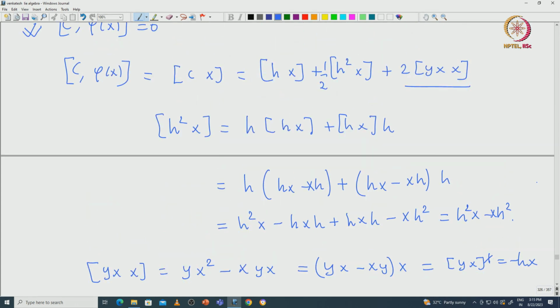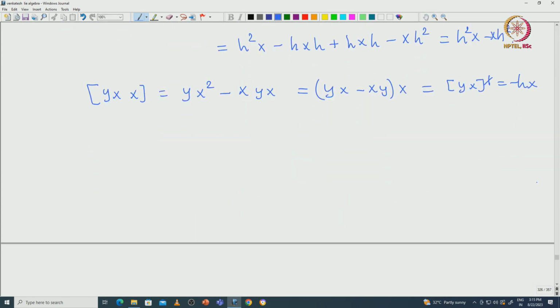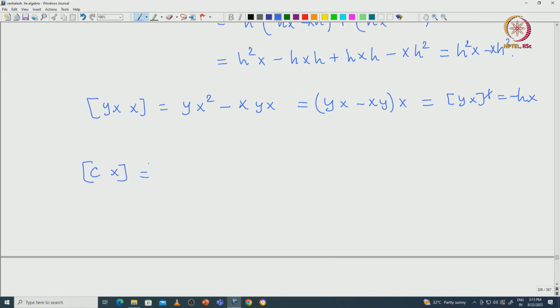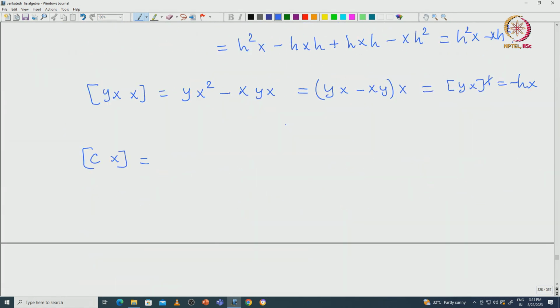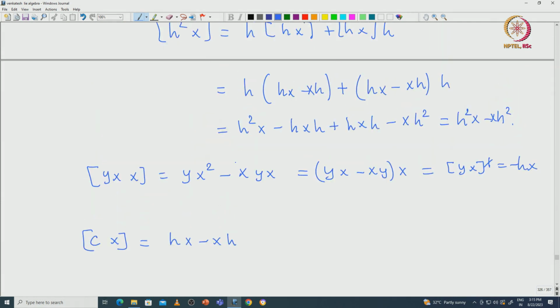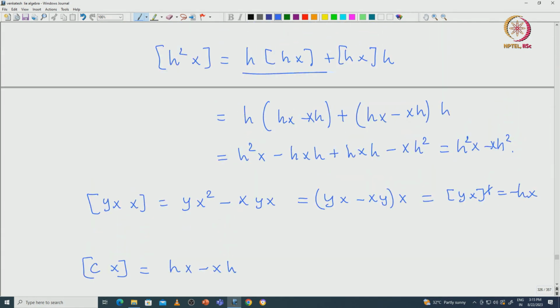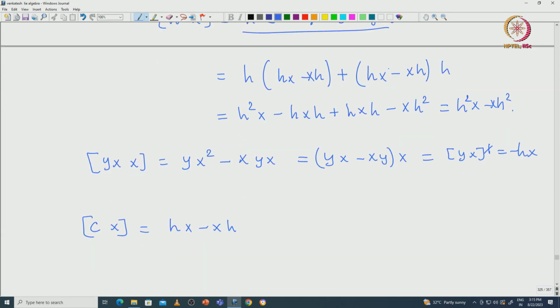So, if you put together in the original equation, you get C x equal to, maybe let us not rewrite, let us keep it as it is.